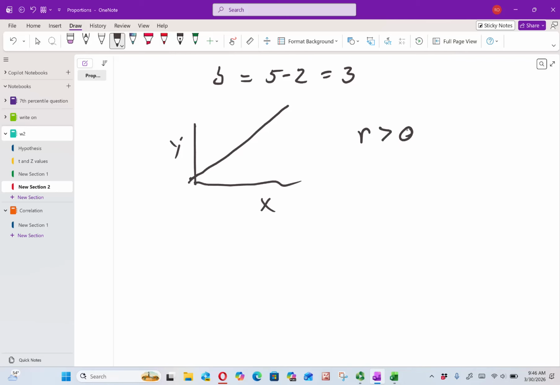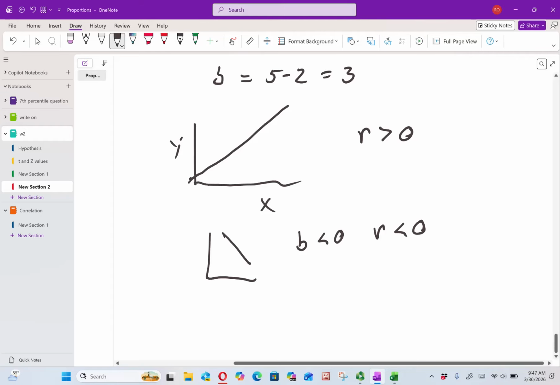The slope and the correlation coefficient have the same sign. They're measuring the same thing. So if I have a negative relation, the slope is less than 0 and the correlation coefficient is less than 0. So those two things are linked. In fact, the R value is part of the calculation of the slope.